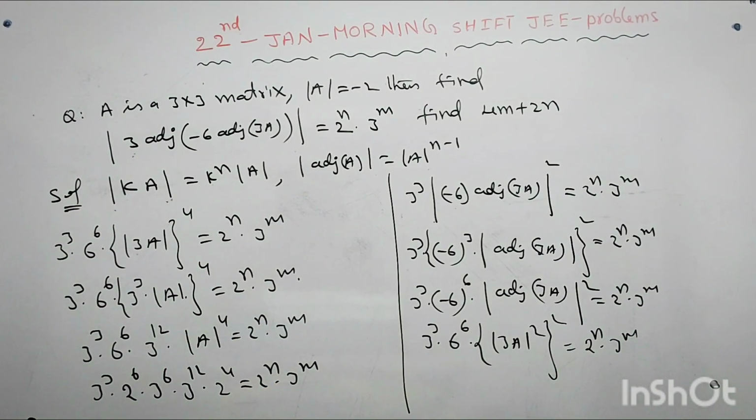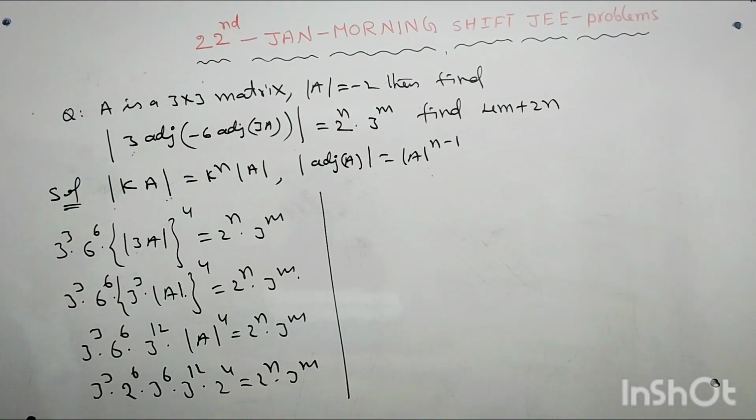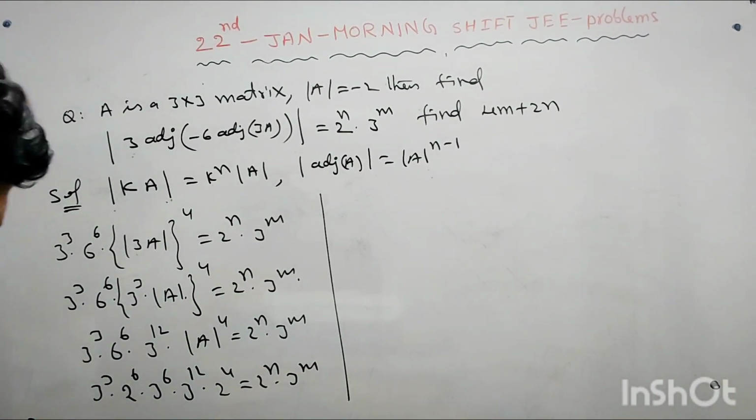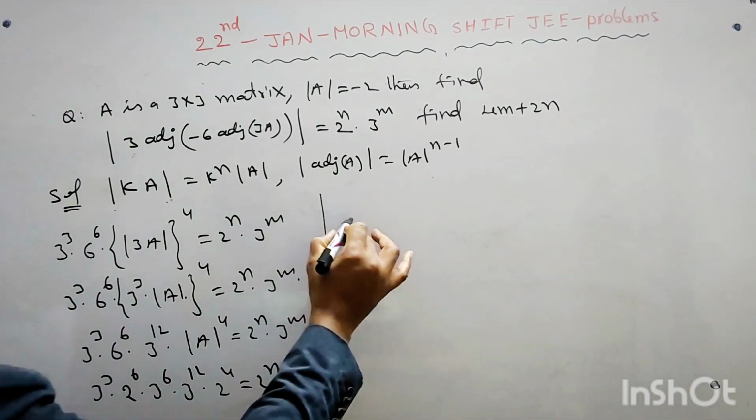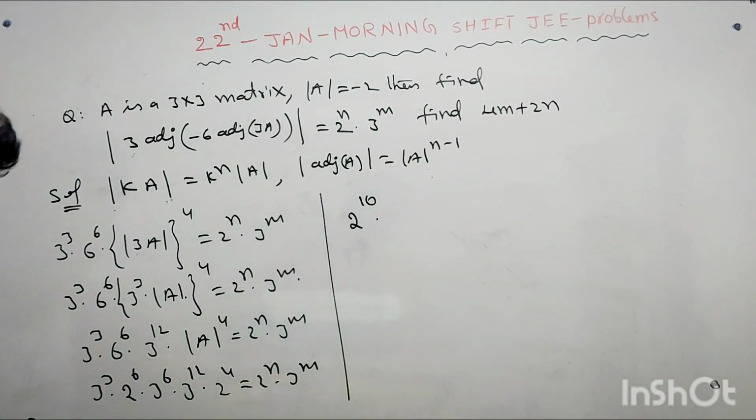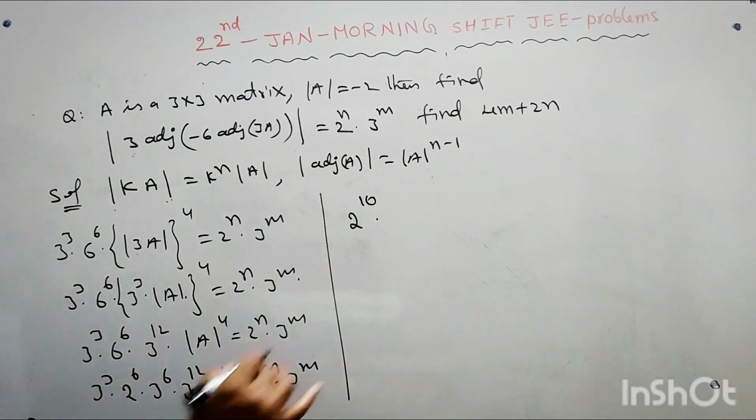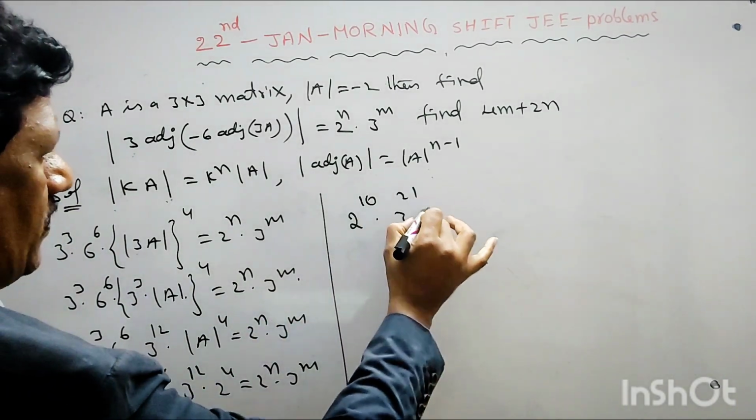Then later, next one, see students here. So this is 2 power 6 into 2 power 4, that is 2 to the power of 10, into 3 power, this is here 3 plus 6 is 9, 9 plus 12 is 21. So this 3 power 21 is equal to this side.